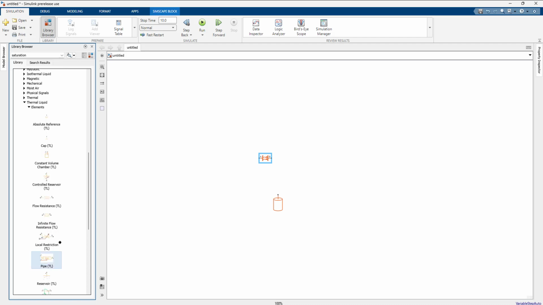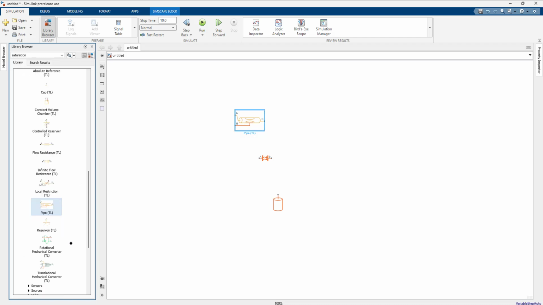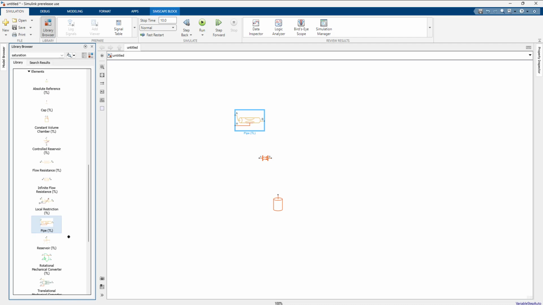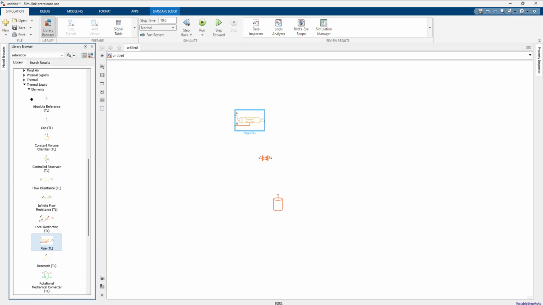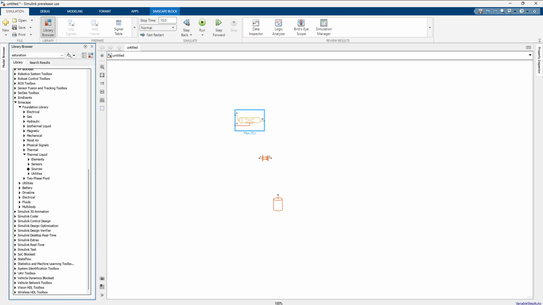And also in the Thermal Liquid elements, I have to choose my heat exchanger. Okay, this is the pipe that we can use as a heat exchanger inside the tank. And also we need sources, a flow rate source.